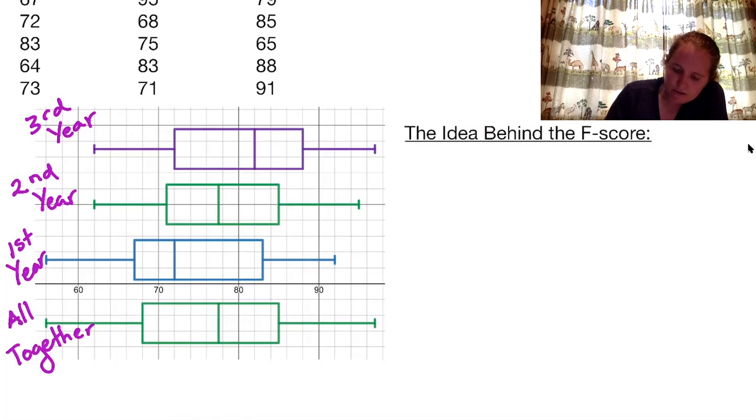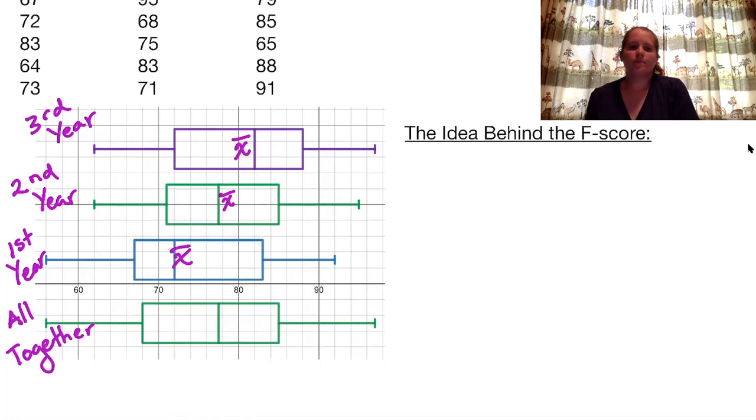So the mean for first year is probably somewhere around 80. The mean for second year is probably somewhere in the upper 70s. And the mean for third year is likely somewhere in the low 70s.